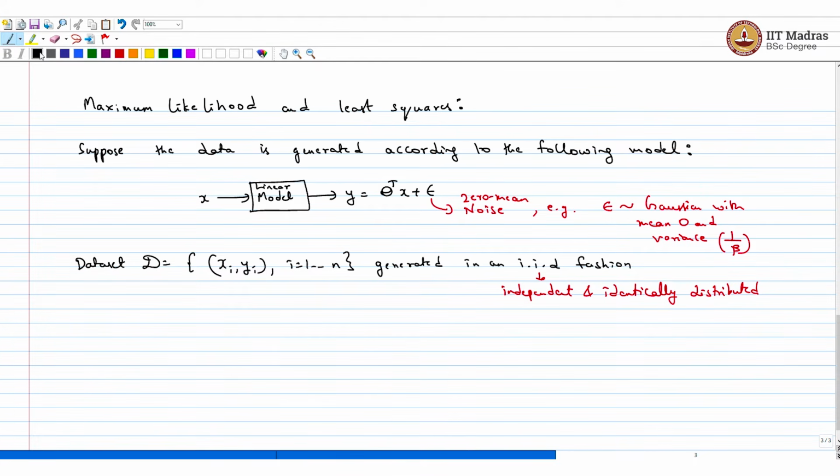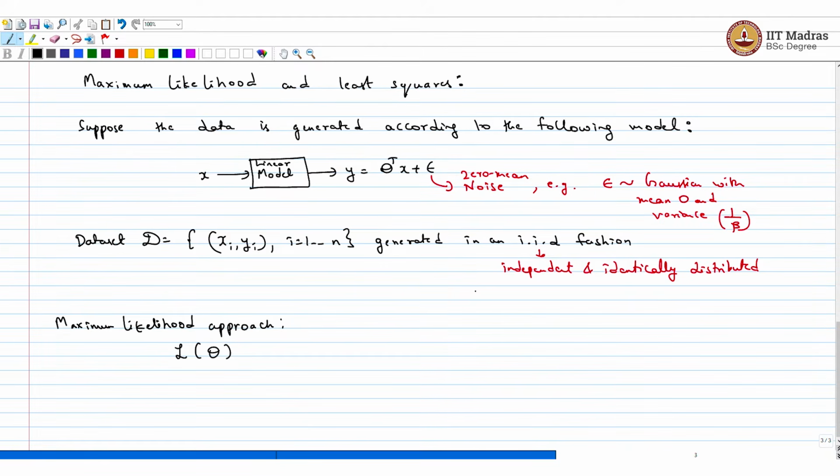Now, given this, the maximum likelihood approach is to make up this function, let us call this L of theta, which is the product of these individual densities.